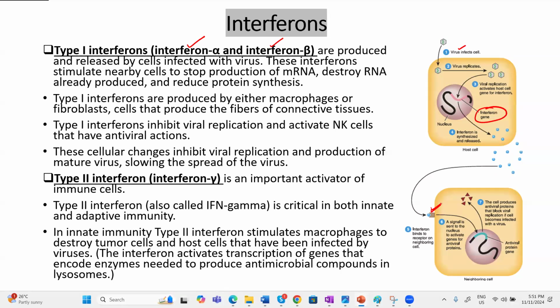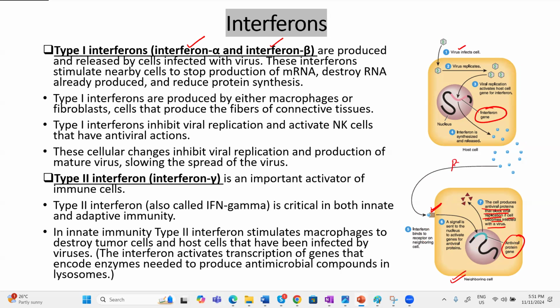Interferon will bind to the receptors of the neighboring cells, and they will produce antiviral protein to block viral replication if the cell becomes infected with the virus. So antiviral protein genes are made to prevent viral infection, or if infection is done, to prevent replication, and they are targeting the neighboring cell.